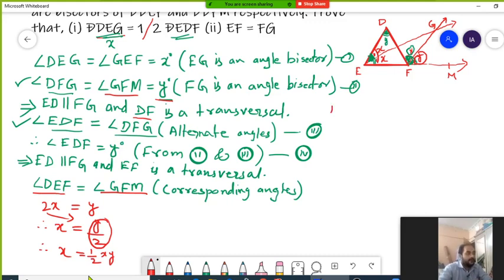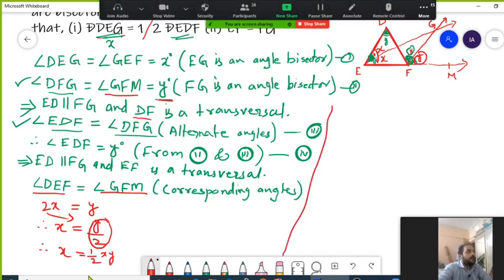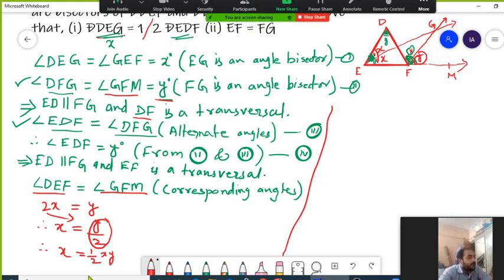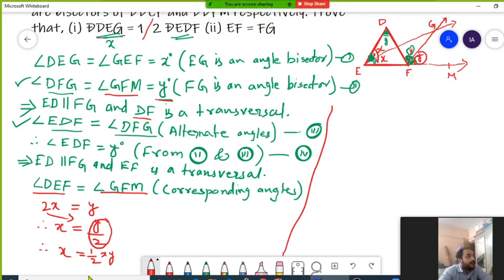Now come here. If x is half of y, so here your angle DEG, we have angle DEG. This is your angle DEG. In the above we have already proved that angle EDF is equal to DFG.